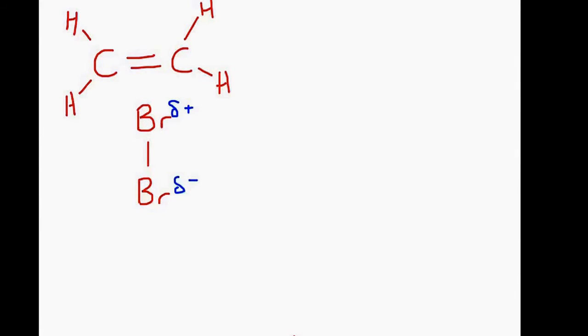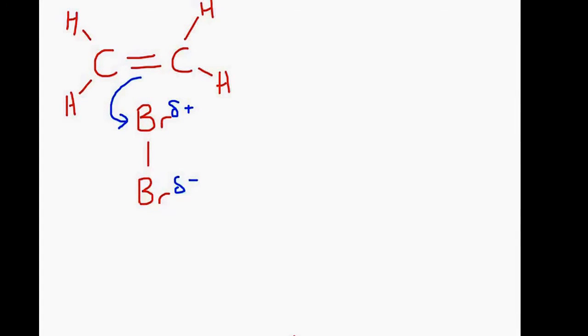This therefore induces a dipole across the bromine molecule, which it wouldn't normally have. So the bromine atom that is closest to the double bond will end up with a slight positive charge, because the electrons are being pushed away towards the bromine that's furthest away from the bond, and that will become slightly negative.